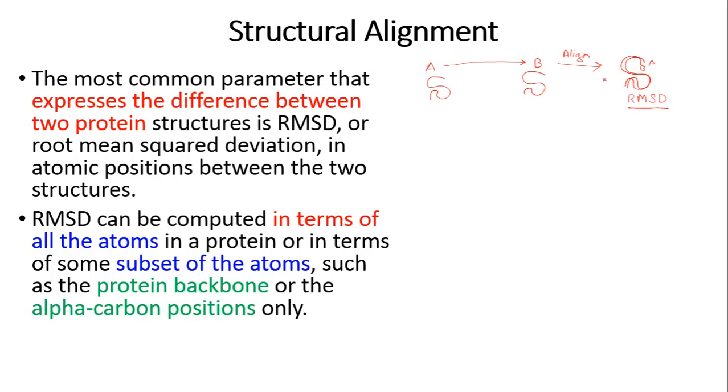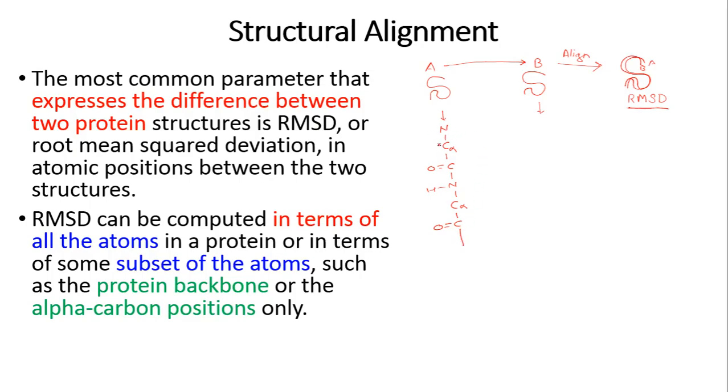Let us create a simple illustration. If you have this protein A and B, all proteins will have backbone atoms: the C alpha, then the carbonyl carbon, and from here your next amino acid residue starts, with its C alpha, then carbonyl, and the structure continues so on and so forth.